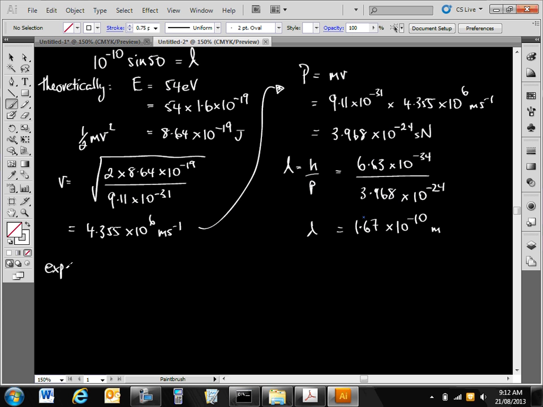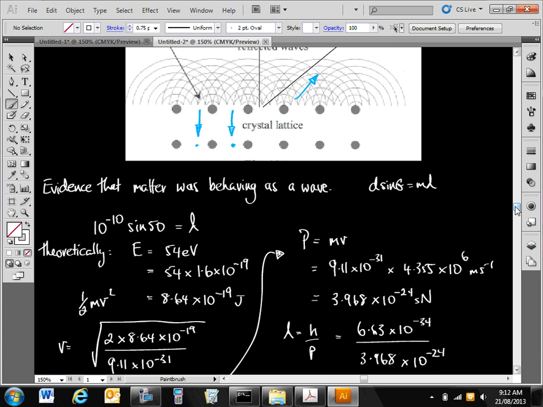Experimentally, and this took a lot longer for them to calculate, of course, they noticed reinforcement. When I say reinforcement, I mean this bright band here.